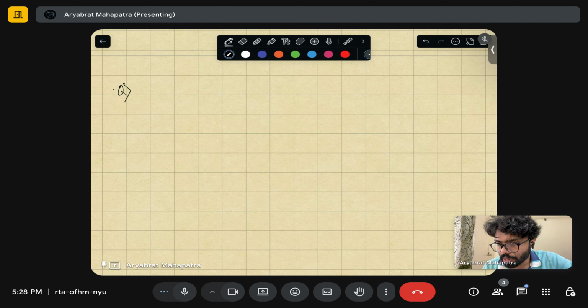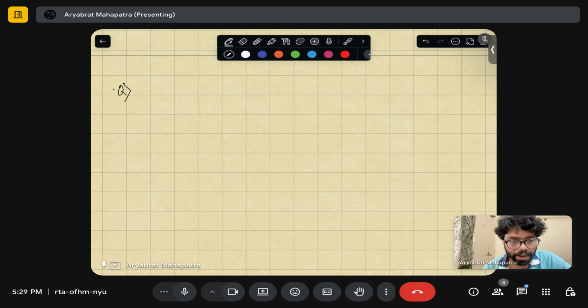And you can follow Zettili. There would be some things in a bit more detail. Zettili is for advanced quantum mechanics, not that advanced, you will also get some basics, but in a more detailed way, so that would help you understand. Griffiths is also fine, you will get most of the basics in a proper way.